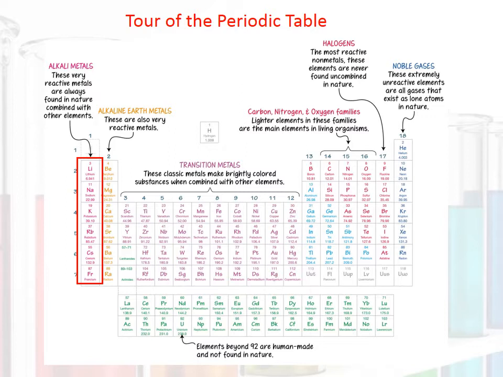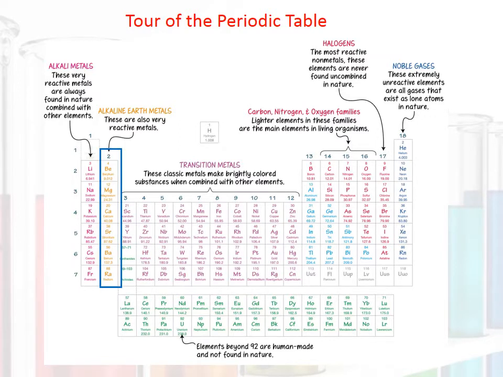This group of metals is known collectively as the alkali metals, and that's shown on the slide. They're very reactive metals, and they're only found in nature combined with other elements. In pure form, they're shiny, like all metals, and these metals react violently with air and water. So those are the alkali metals, group 1.